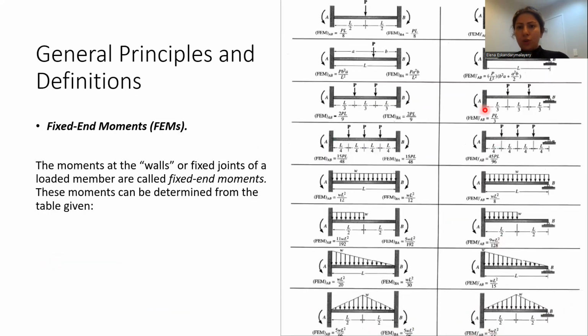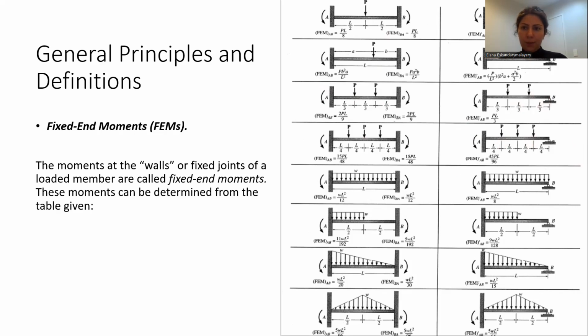Then we need to calculate the fixed end moment. As I said before, we have a table from which we can easily read the bending moment, depending on our loading and our supports.